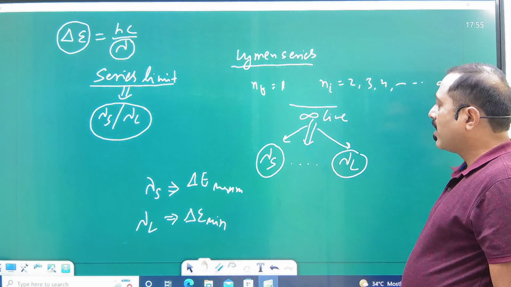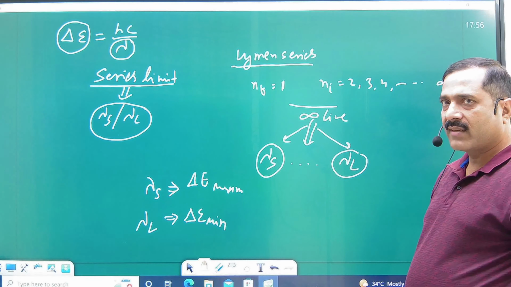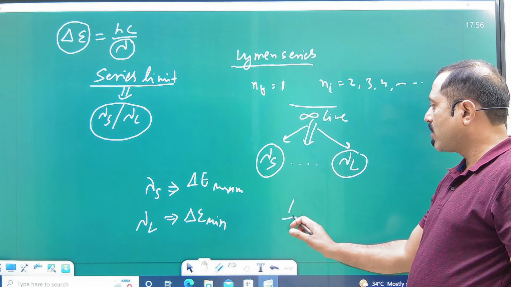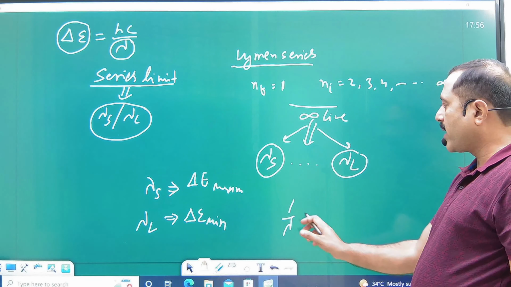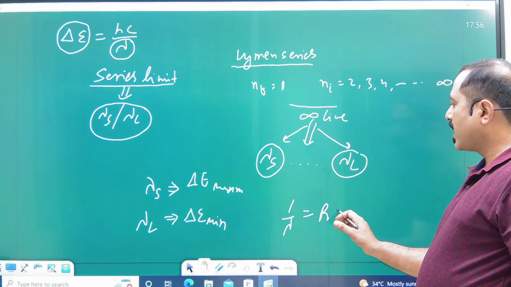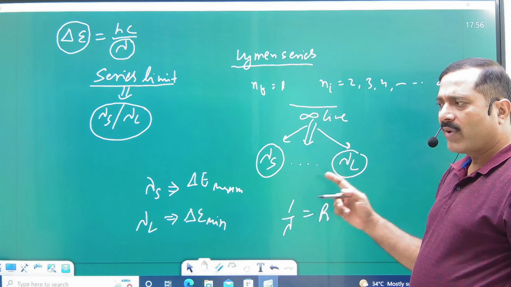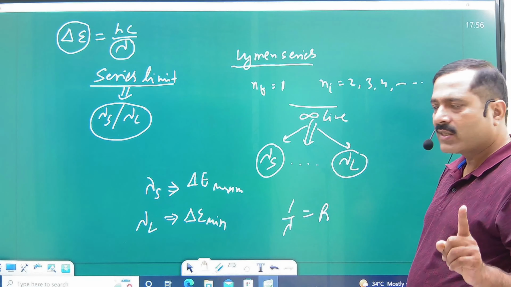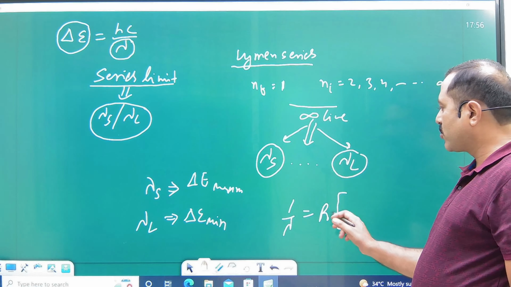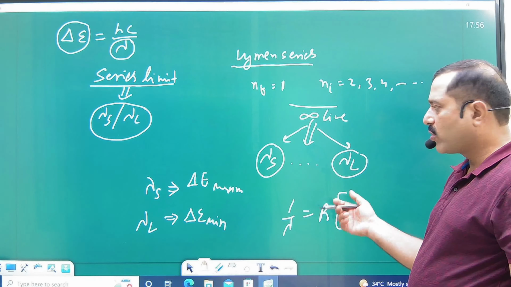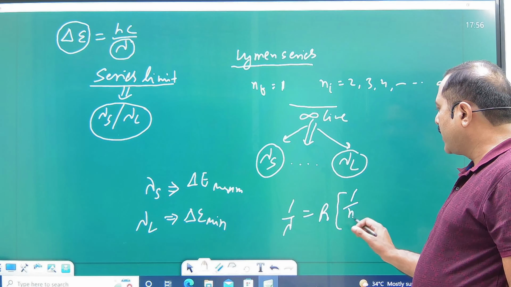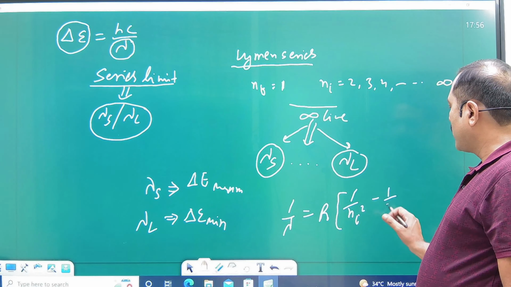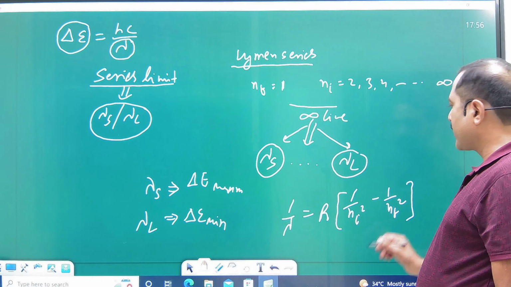And we already have the Rydberg equation, which is used to calculate the wavelength: 1 by lambda is equal to R Z square, and in case of hydrogen we can neglect Z because its value is unity. R Z square means 1 square, we neglect that, times 1 by n initial square minus 1 by n final square.